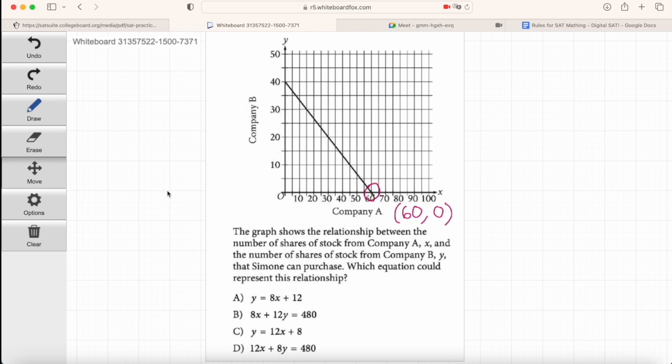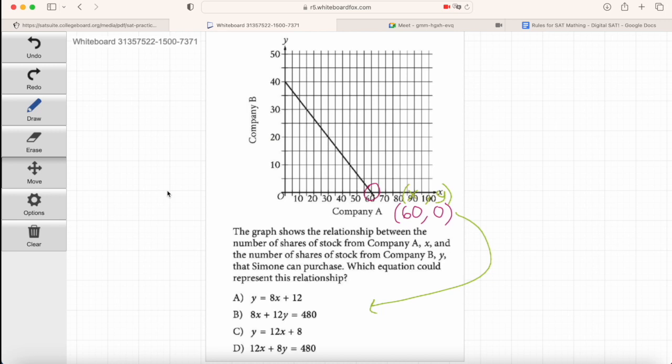We could pick other points as well, like 30 comma 20, but I think the arithmetic is going to be easy with 60 comma 0. So let's plug those into the answer choices and see which give us a true statement.